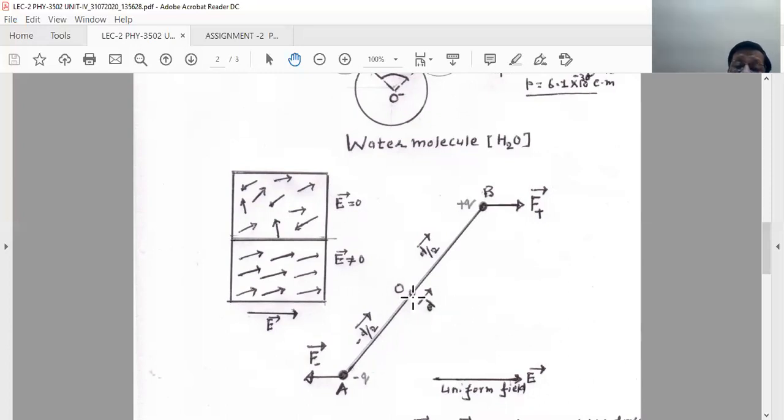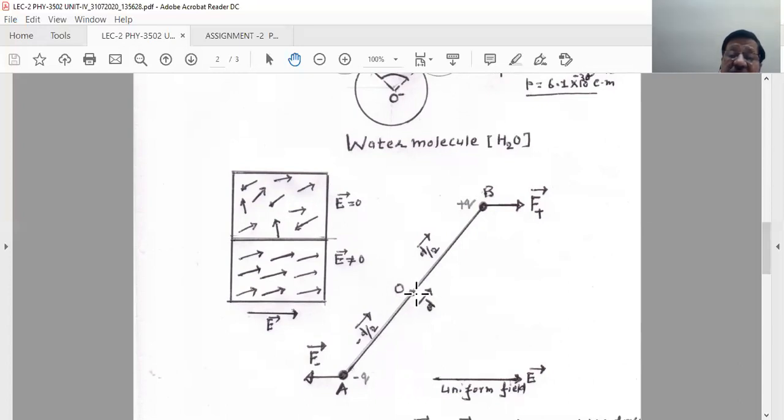This is the center of the dipole, and I consider a displacement vector d, which is measured from A to B. So when you measure from A to B, you can write your displacement vector d equal to dx i plus dy j plus dz k. Please remember this.